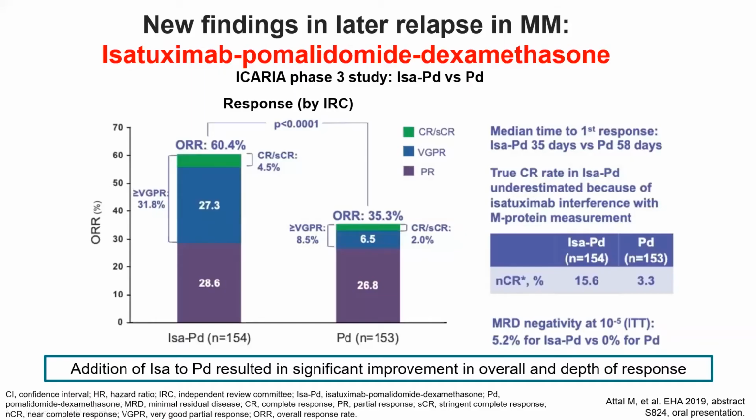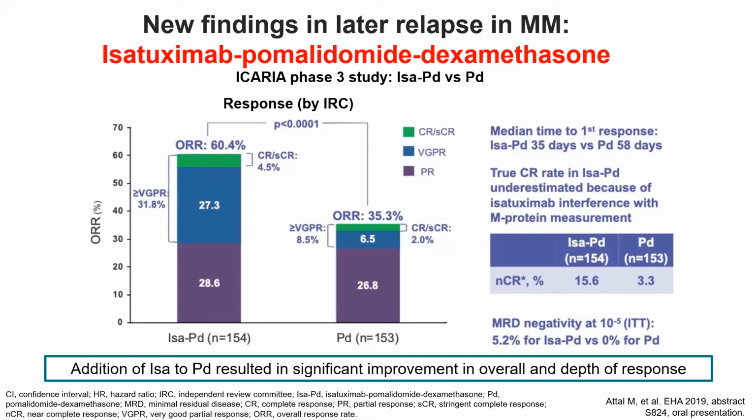Next, okay. These are new findings in later relapse in multiple myeloma when using the second drug, the CD38 monoclonal antibody Isatuximab, combined with pomalidomide and dexamethasone. This is the ICARIA phase 3 study, comparing Isa-pomalidomide-dexa versus Pd.